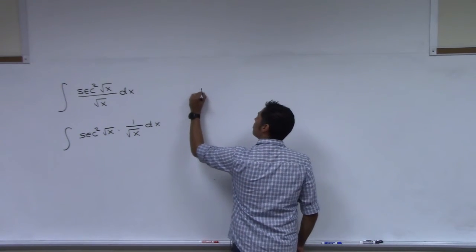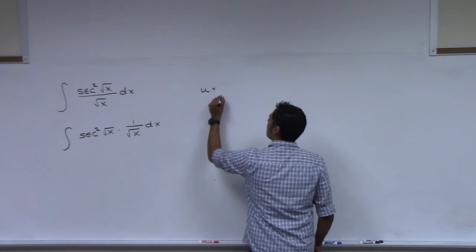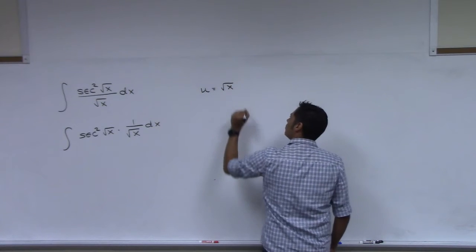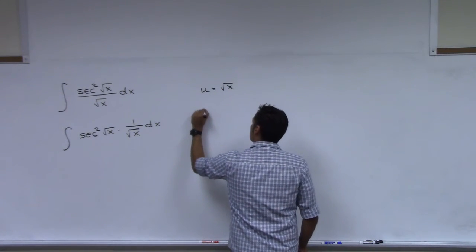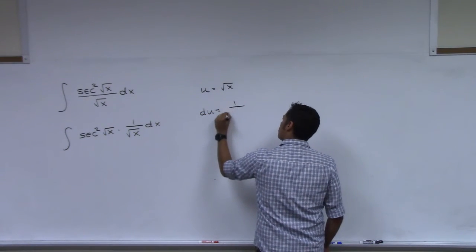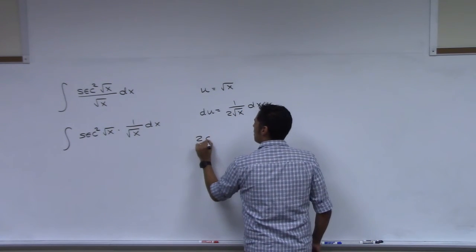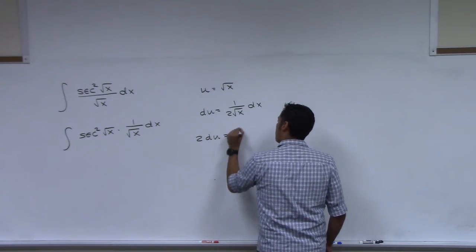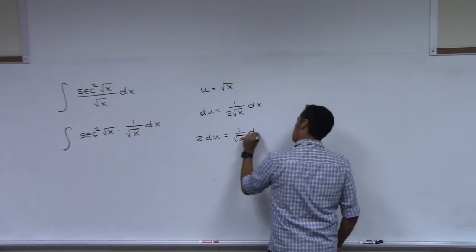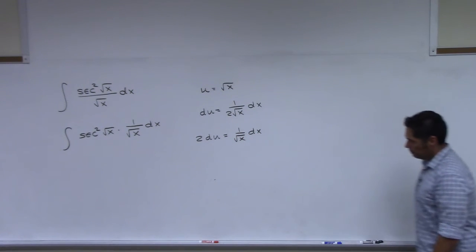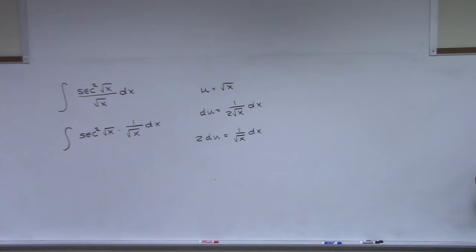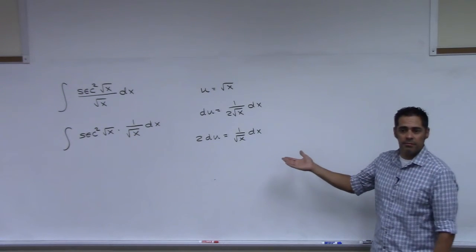And then make your substitution. Root x, you say. And then du is 1 over 2 root x dx. And multiply both sides by 2. And every piece I need is there, isn't it?